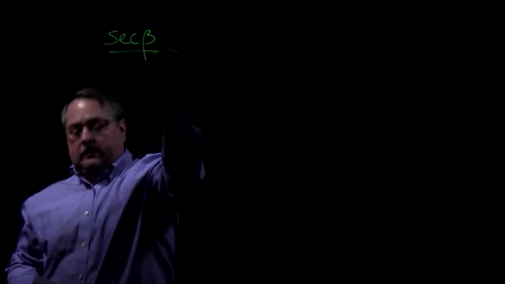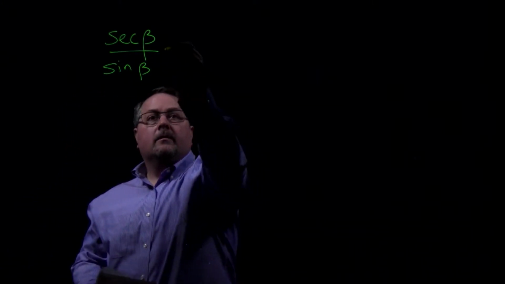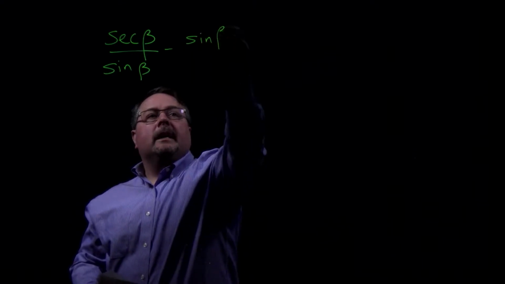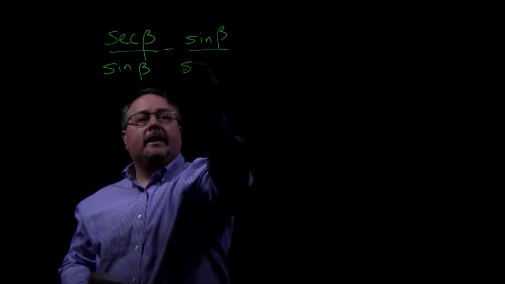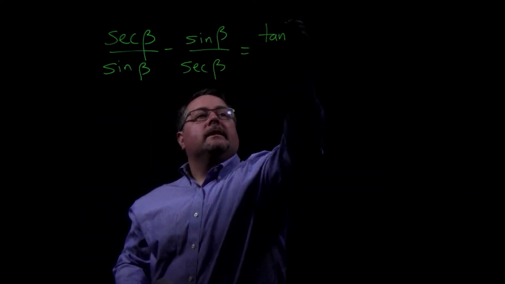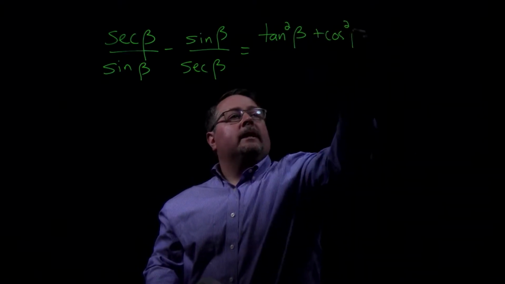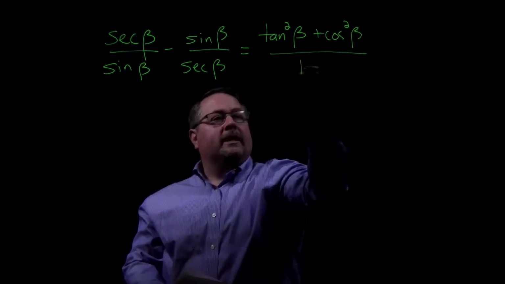Okay, so let's take a look at the identity secant of beta over sine of beta minus sine beta over secant beta equals tangent squared beta plus cosine squared beta over tangent of beta.